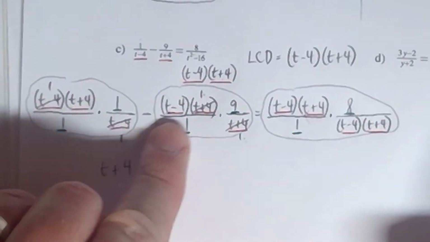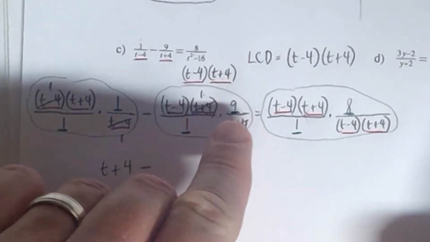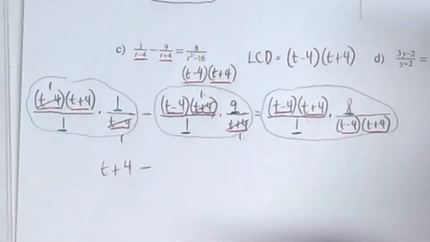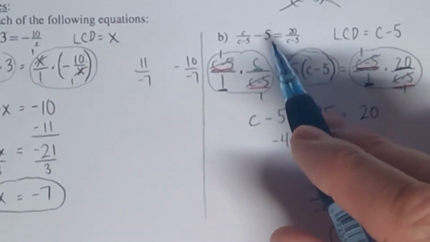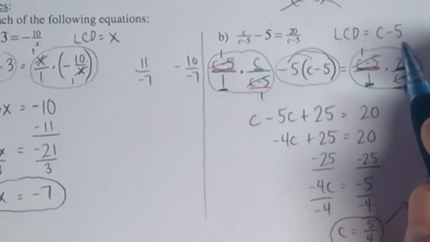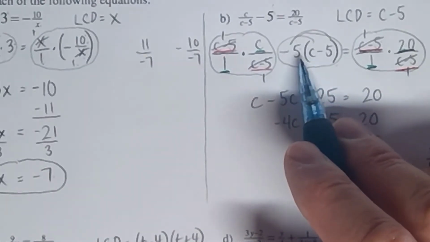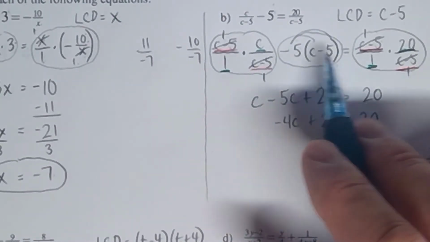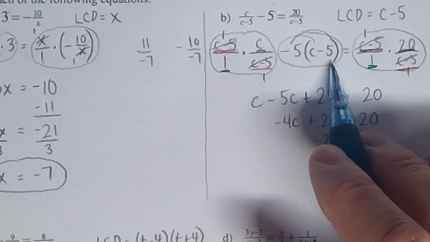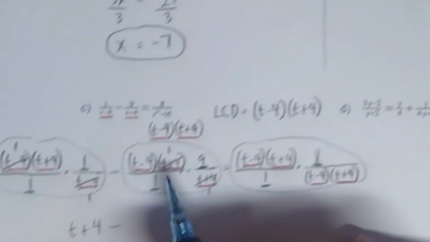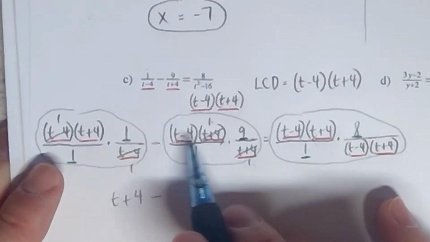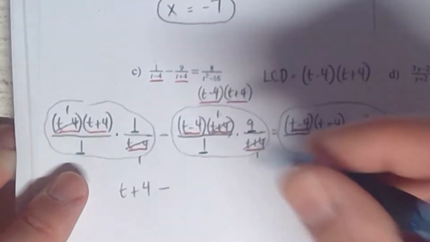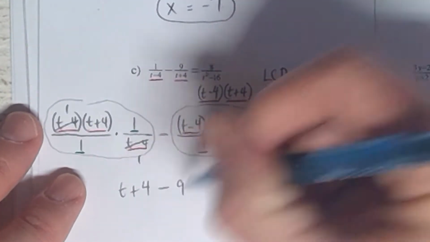When you get 2 terms in a denominator, multiply by 1 term in the other denominator, similar to what we saw up here, where you had the single term times 2 terms. Put the single term, just like I did here with the 5, put the single term in front, and then the multiple term thing, keep it in brackets, or put it in brackets if it's not already, but keep it in brackets if it already is, like with the t minus 4. But put the single term in front, 9.